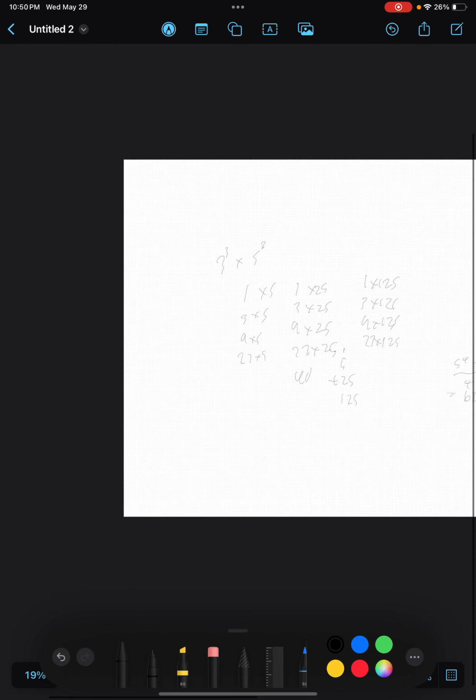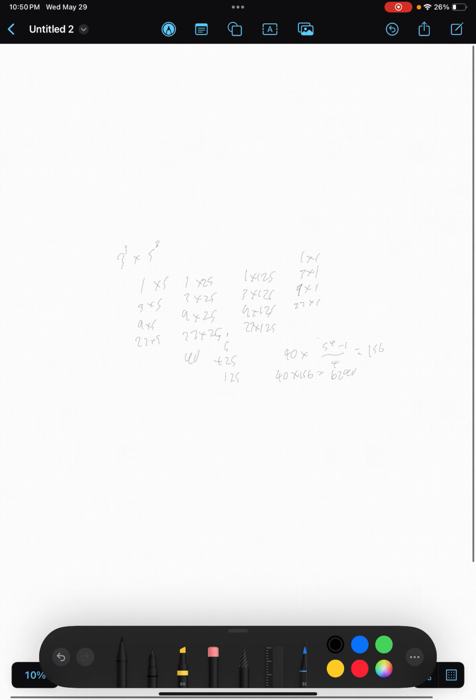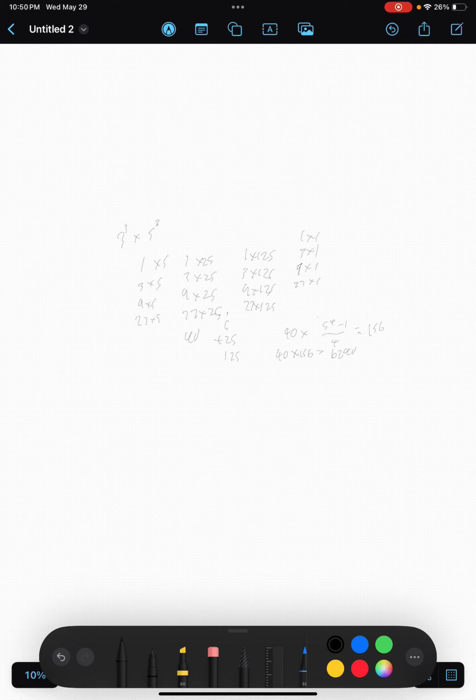Now that we have that, let's add them all together. 5 plus 15 plus 45 plus 27 times 5. Okay, 5 plus 15 plus 45 plus 135. Okay, 200.